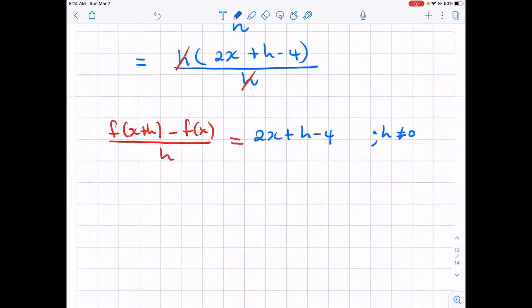As always, I close off by saying you need to practice as many examples as possible and become more familiar with everything that we've gone over, especially identifying when it's a function, when it's not a function, piecewise functions, domain, and range. Well, range we didn't talk about, but especially domain, and then the difference quotient.